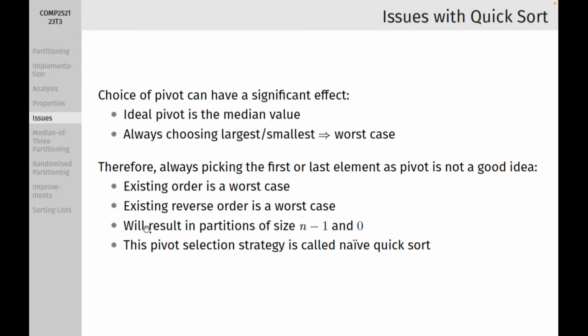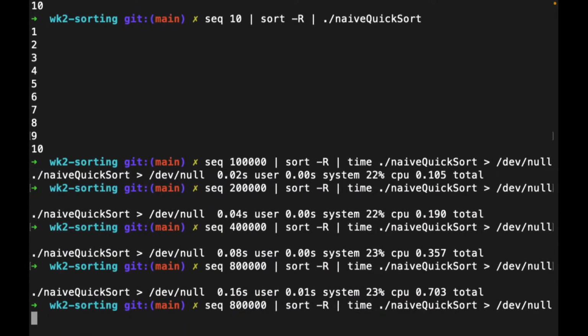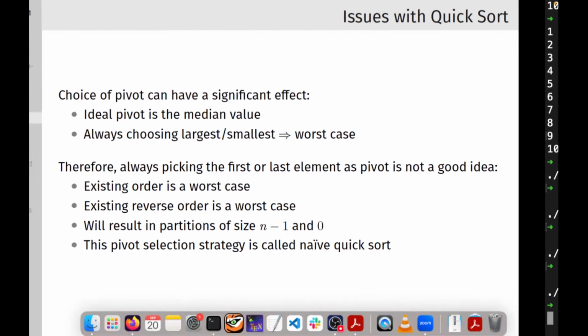And this is what I've said before: if you choose a bad pivot, then you'll end up with partitions of size n-1 and 0. This pivot selection strategy is called naive quicksort, which is why I named the program naive quicksort.